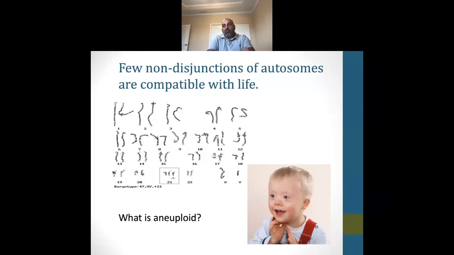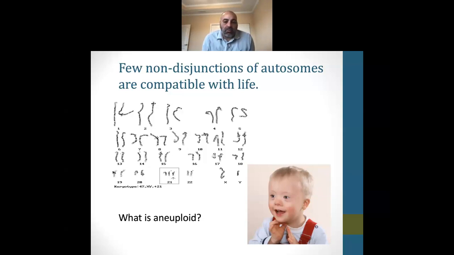On 21 is Down syndrome, on 13 is Patau's, 18 is Edwards. With 13 and 18 though, they tend to have what they call rocker bottom feet. Their feet, the arch is actually like that. And then I think with Patau's, they have clenched hands. The hands aren't really functional.